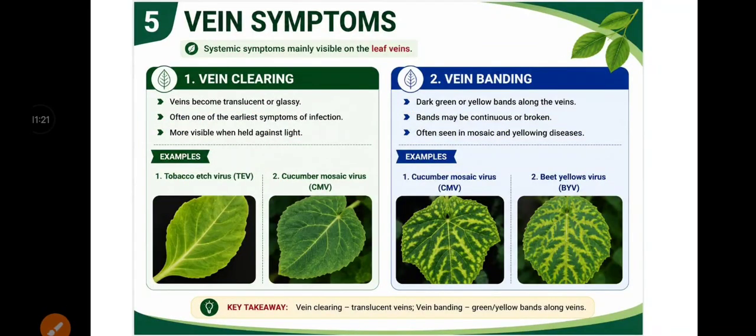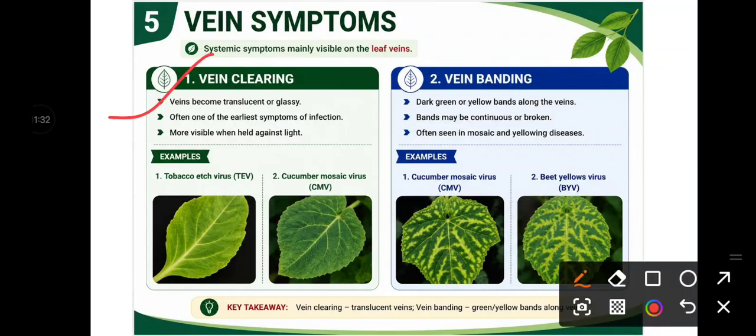Next, the vein symptoms. The systemic symptoms produced on veins are categorized into two types: vein banding and vein clearing. Vein clearing means the clearing of the vein tissue, as the name itself suggests. The vein tissue becomes translucent or glassy.